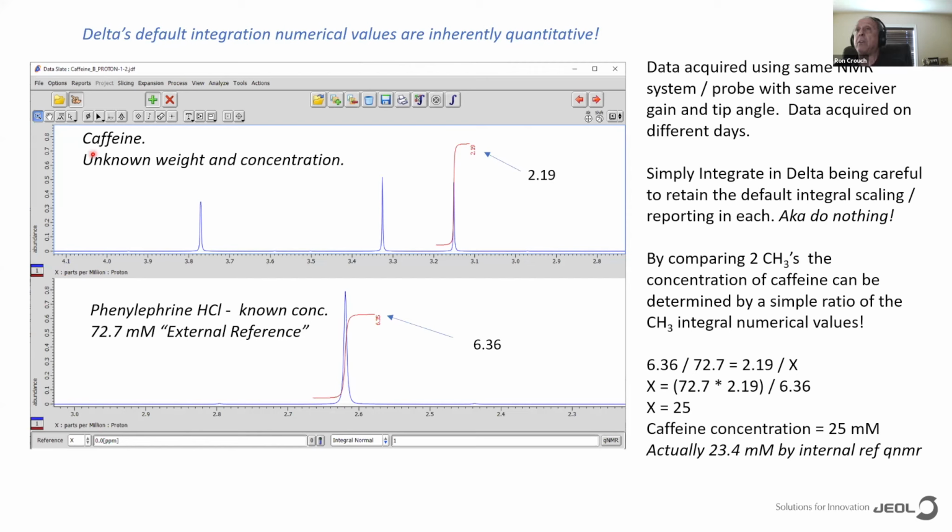So here's a sample of caffeine, unknown weight, unknown concentration. Here's a sample of phenylephrine hydrochloride of known concentration. I have an NMR spectrum, I integrate the methyls, I get a number. I integrate the methyl of caffeine, I get a number. A simple ratio of these two numbers, and I can compute the concentration of the caffeine: 25 millimolar. In actual fact, it's 23.4, which is pretty close considering this data was acquired a few weeks apart.